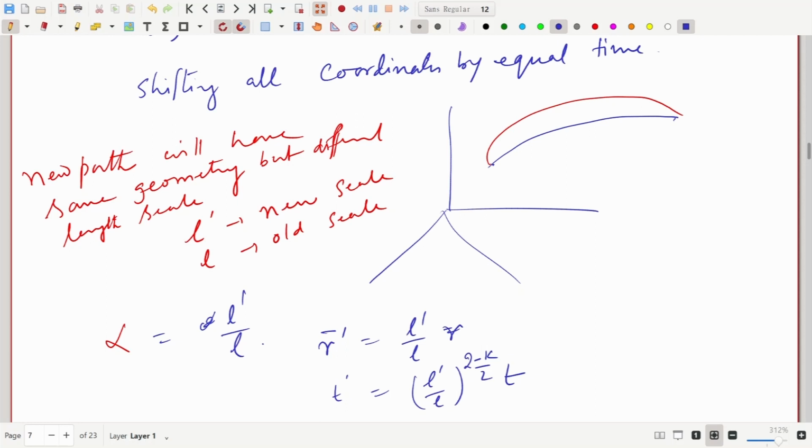Under this we will have the same dynamics. This we have understood from our previous analysis.